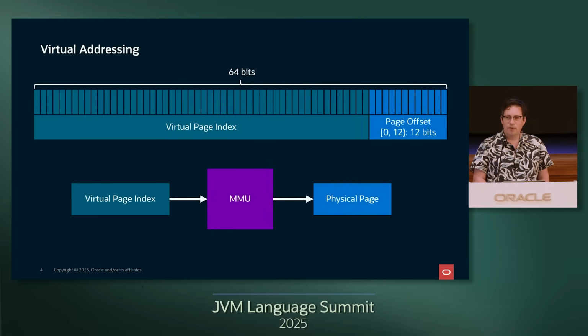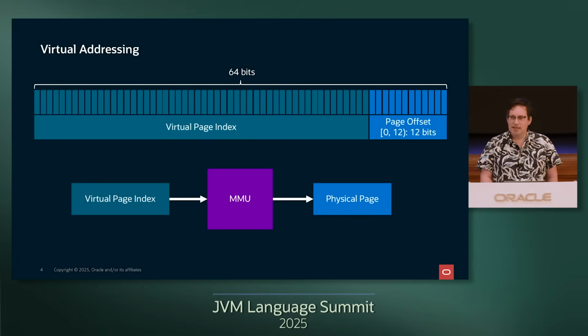And with virtual addressing, these bits are split between page offset bits and virtual page indices. This is because you have 4 kilobyte pages. Let's assume that's 4 kilobytes for now. And then the page offset bits describe a 12-bit offset into a 4 kilobyte page.